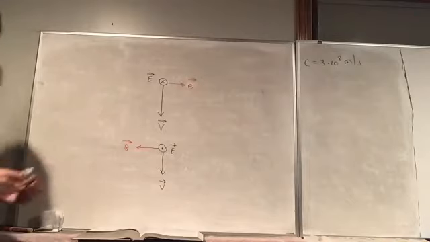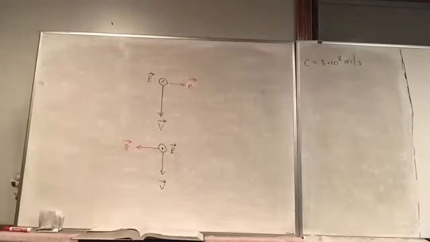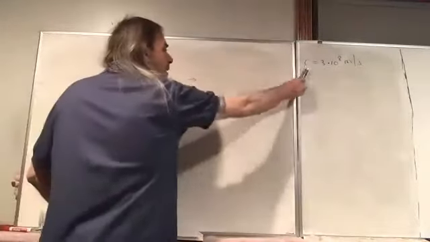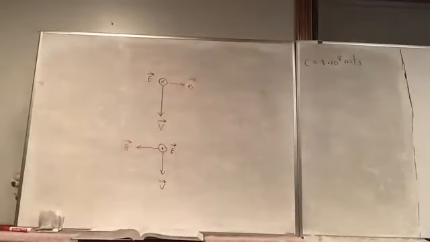So you'd have to go to 4 or 5 decimal places, like 2.99792, you need a lot of significant figures before this number would need to be modified at all. So for any calculation we do here, we just say c is 3 times 10 to the 8th meters per second.